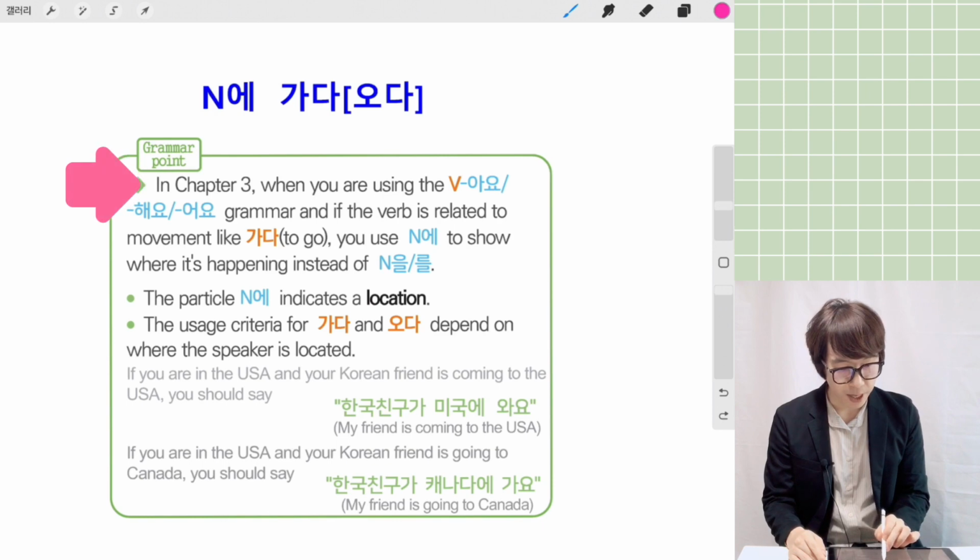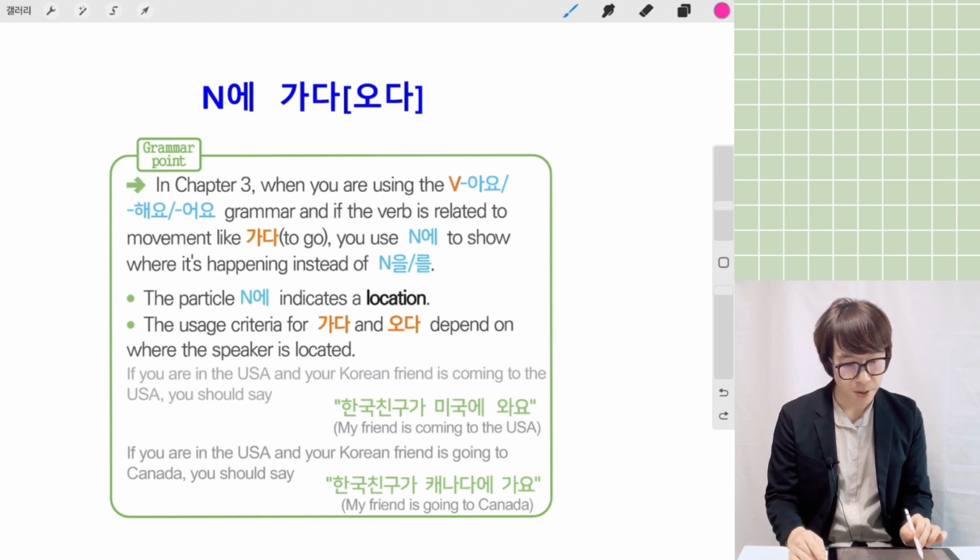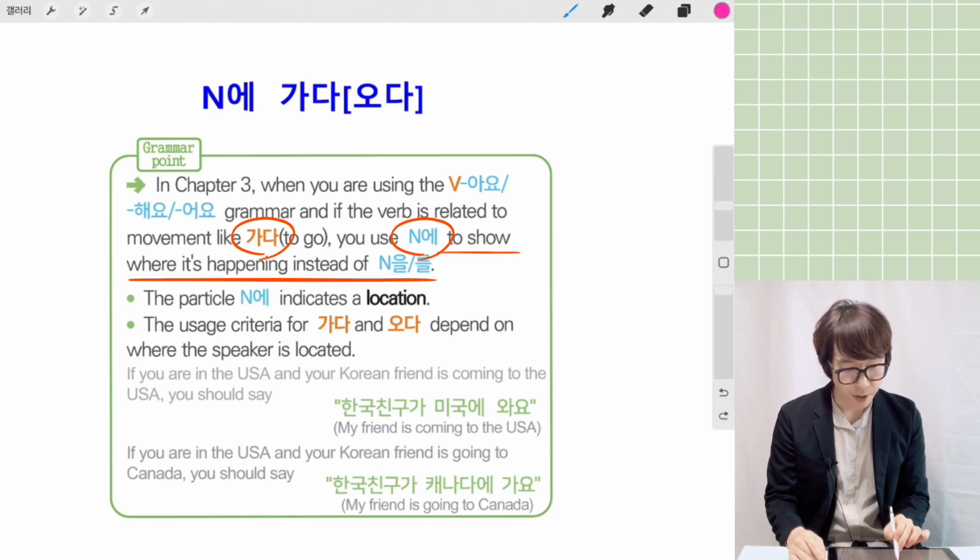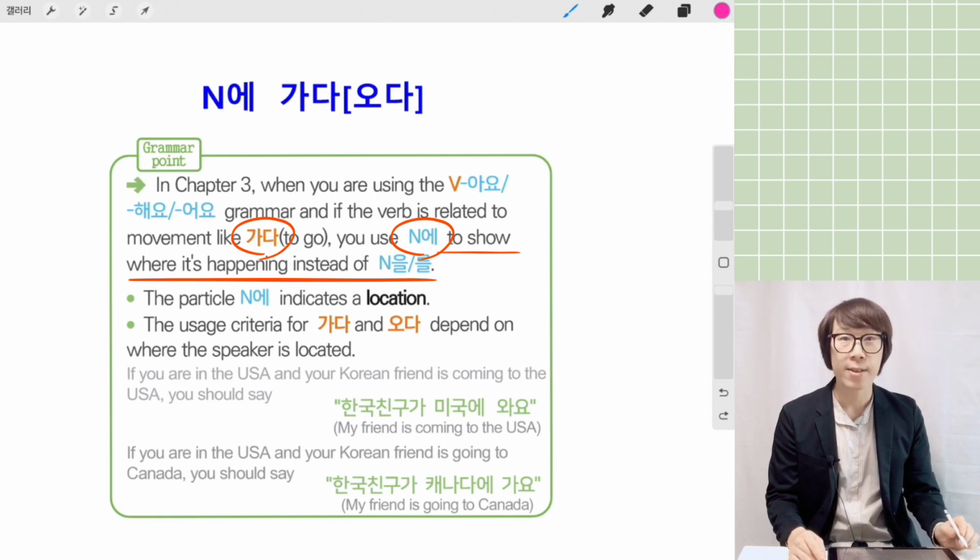In chapter 3, when you are using the verb 아요, 해요, 오요 grammar and the verb is related to movement like 가다, you use noun 에 to show where it's happening instead of noun 을/를.